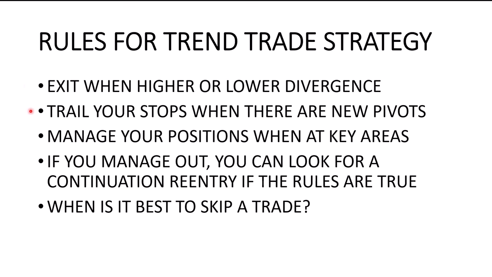You're going to want to trail your stops when there are new pivots. You want to manage your positions at key areas. If you manage out, we're going to show you exactly how easy it is to look for a continuation re-entry if the rules on the large chart are still true. And then ultimately, when is it best to skip a trade?